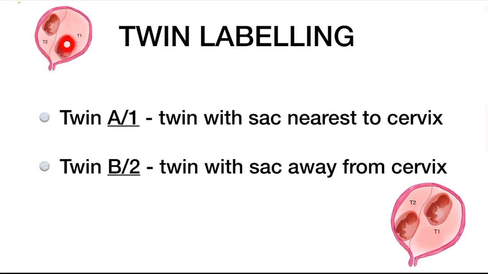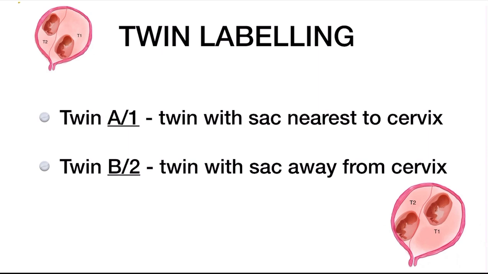So this is twin 1 and this one is twin 2. But the position of the G-sac in the maternal cervix is relative, because now this fetus can go inferiorly and this can go superiorly, creating the confusion again as to which one is the presenting one.